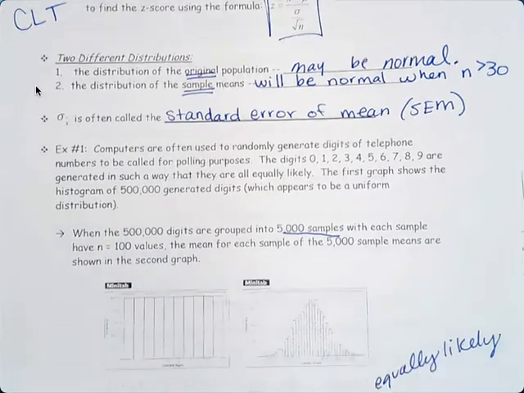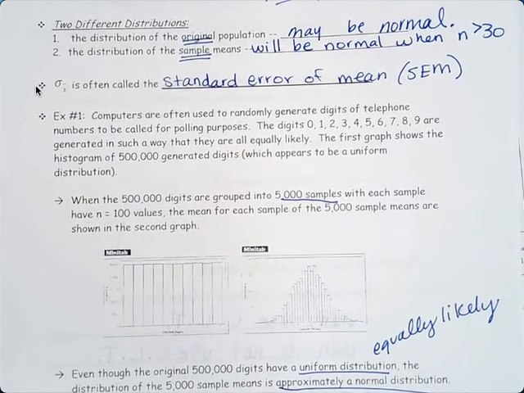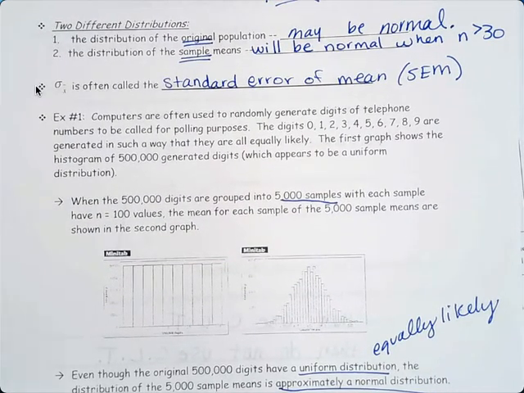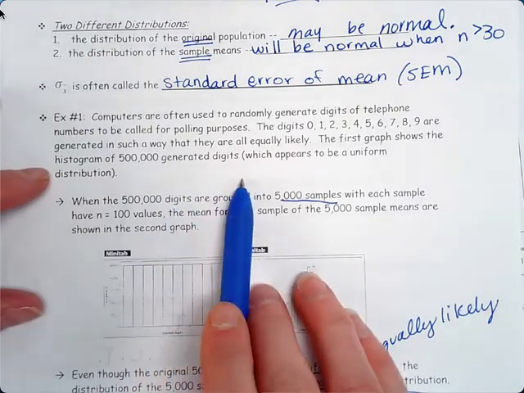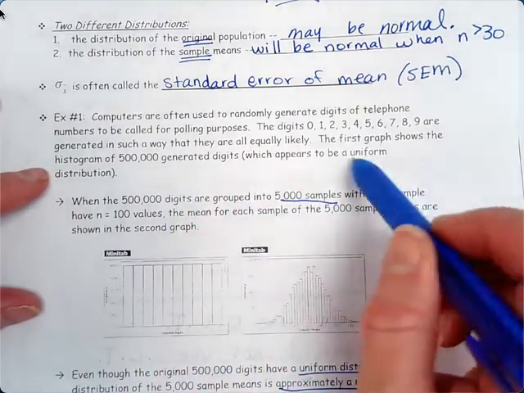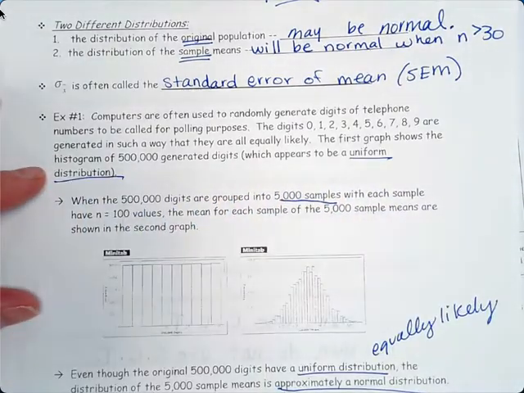Okay, so our first example, they've given us a situation and a graph. It says computers are often used to randomly generate digits of telephone numbers to be called for polling purposes. The digits 0 through 9 are generated in such a way that they are equally likely. The first graph shows a histogram of the 500,000 generated digits, which appear to be a uniform distribution.